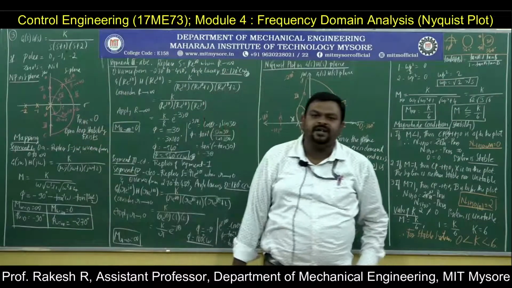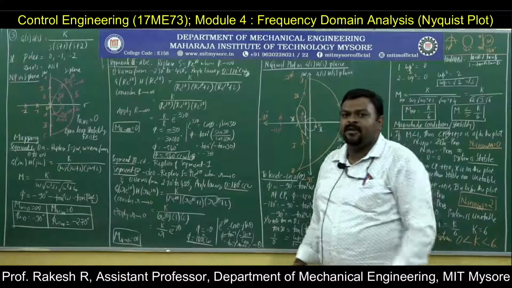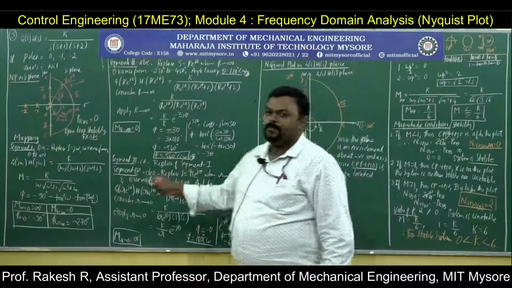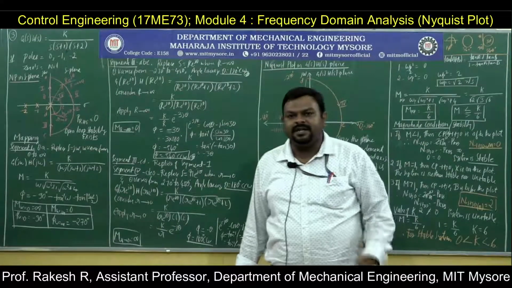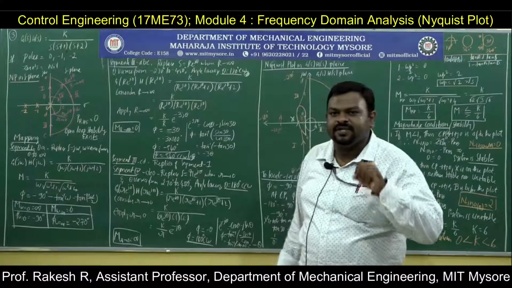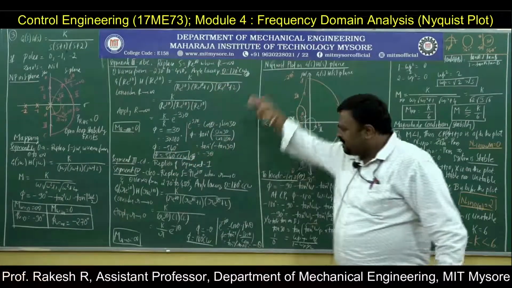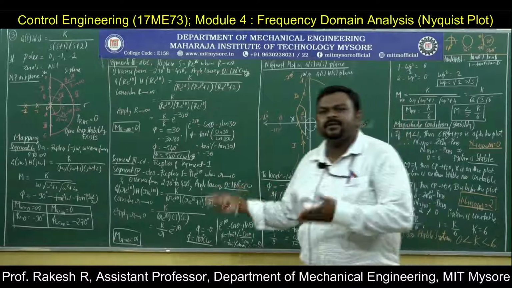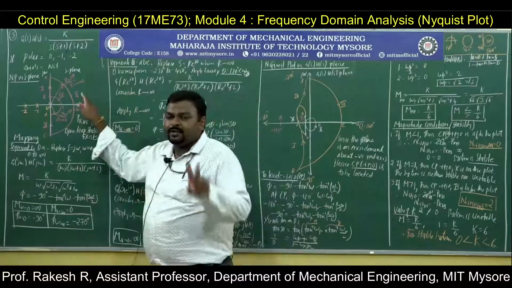Then we have to convert the Nyquist plot in S plane to the Nyquist plot in G of S, H of S plane. For that we have done mapping. Mapping is a transformation of Nyquist plot in S plane to Nyquist plot in G of S, H of S plane. So the same thing we have done. After mapping, the procedure will remain the same: segment 1, segment 2, segment 3. In S plane there are only two cases.